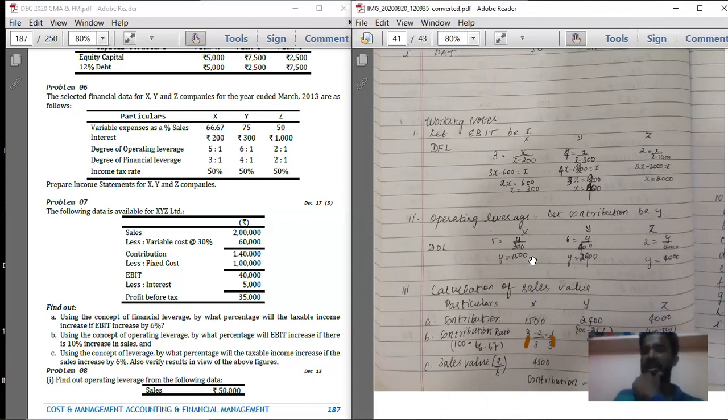Next, for company Y, DOL is 6 is to 1. So 6 is equal to Y divided by EBIT, which is 400. So Y is equal to 2400.